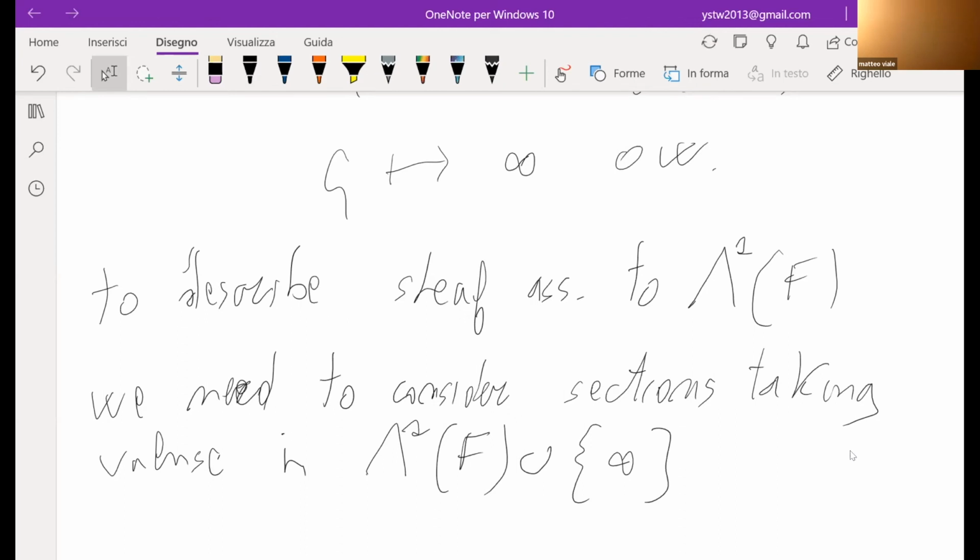I do not have the time to describe how one describes the sheaf associated to a bundle of this type, but it can be done.